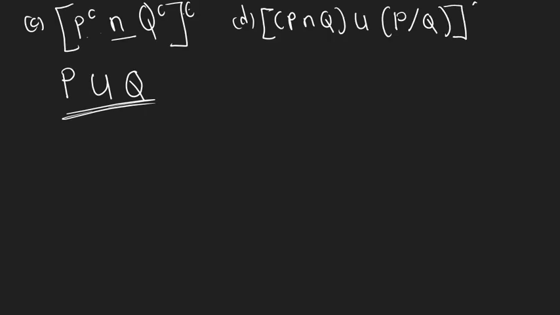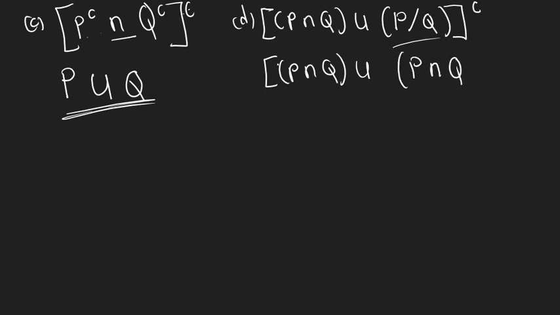So this is a complement. What you do, work out what is here first. Put everything in this language. If I put it in this language, this is same as P intersection Q complement. Complement exposed to P becomes P complement. Complement exposed to the intersection becomes the union set.